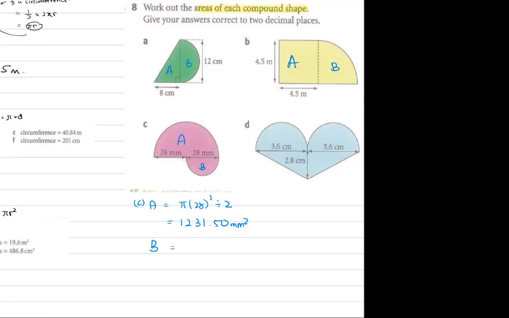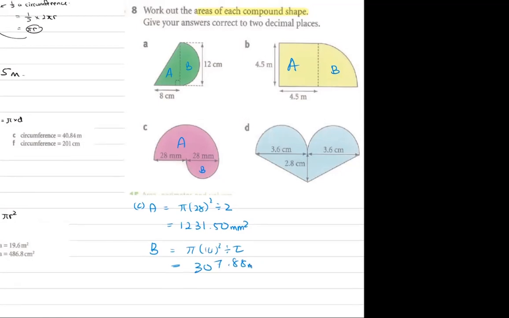So 14 squared, still divided by 2 because it's a semicircle. 307.88 square millimeters. Total, you just add them up together, 1539.37.